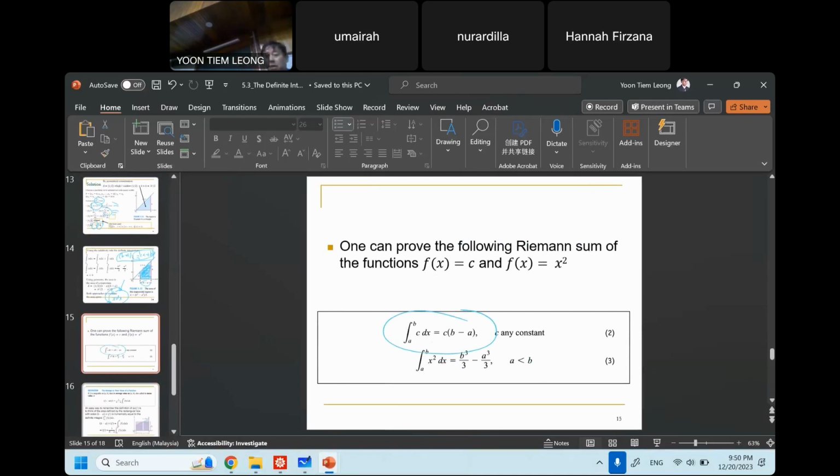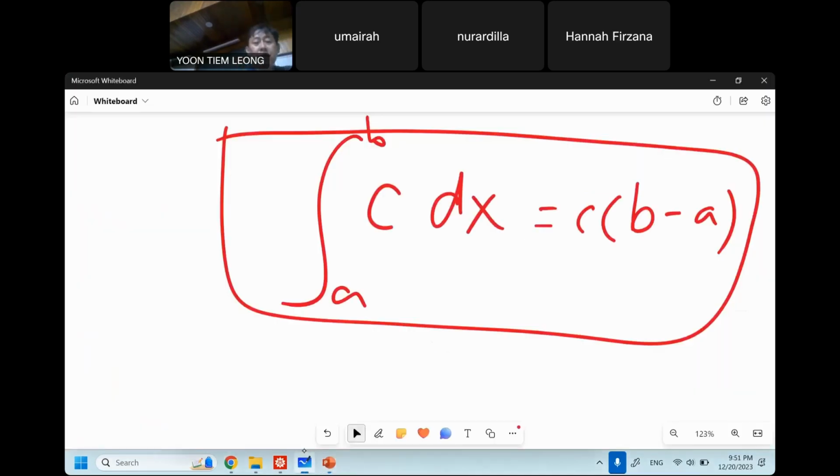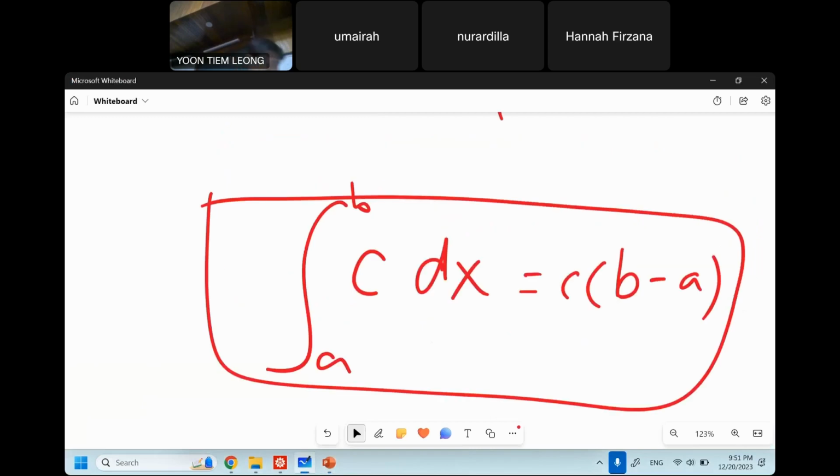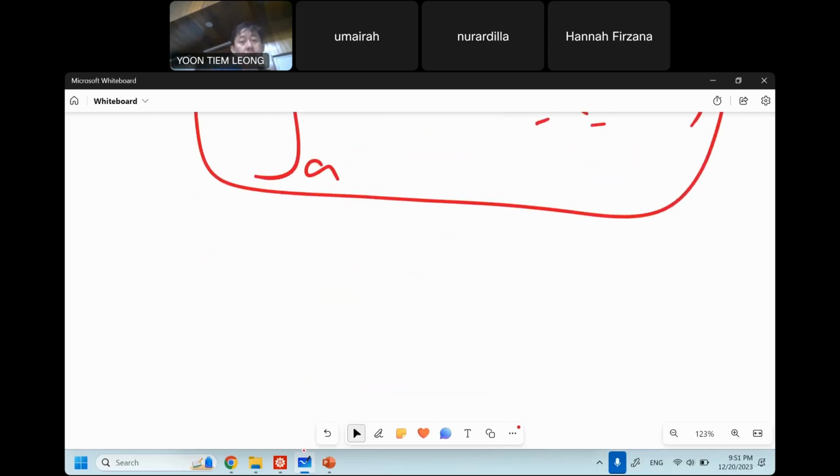Okay, so this is a very trivial and simple result. The Riemann sum of a constant between a and b is just the constant times the difference in the limits. Then the next theorem is this. You have a function x squared, and you find the Riemann sum for this function between a and b.